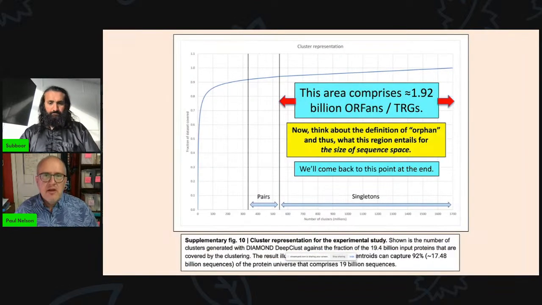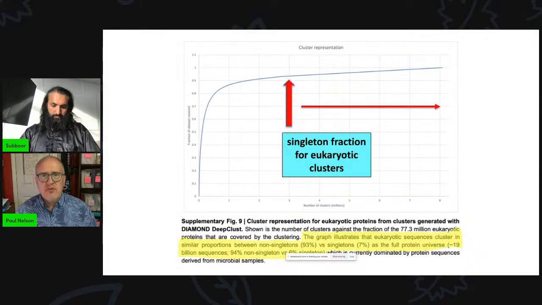Now, what's interesting, among other things, look at the shape of this curve, and this is for all the data in their sample. Now let's look at the shape of the curve just for eukaryotes. Notice it's almost the same. We're not including bacteria, we're not including archaea, we're looking just at eukaryotes.